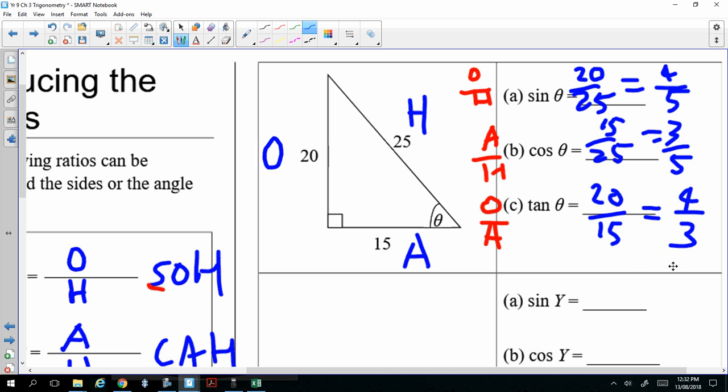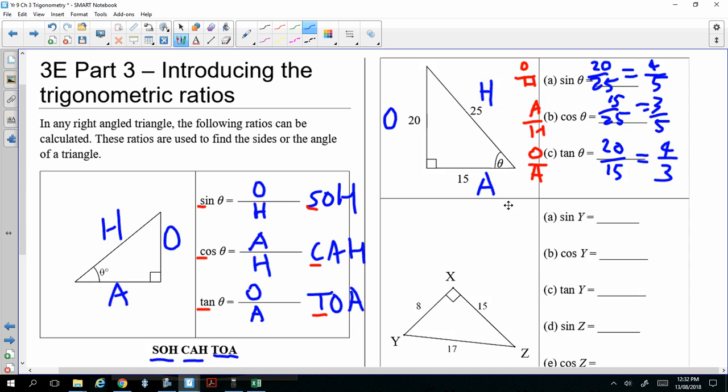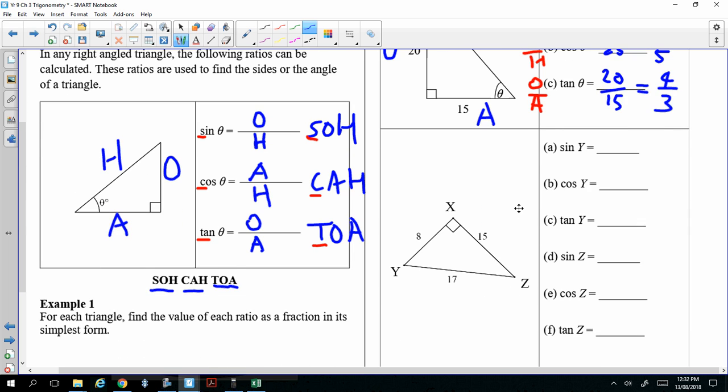Next one's a little bit tricky. You need to pay attention to the triangle. Now, we're not finding the angle. Watch this. Let's say the angle was y. This is y. That will be h. That will be o. That will be a. Get it? So sine is opposite over hypotenuse.